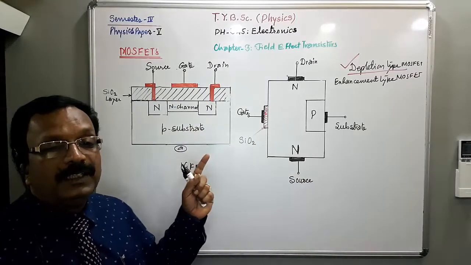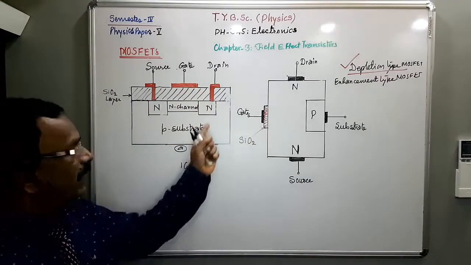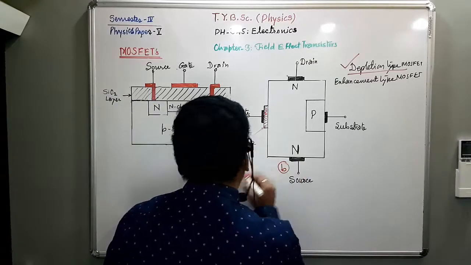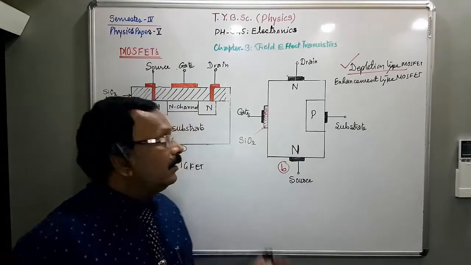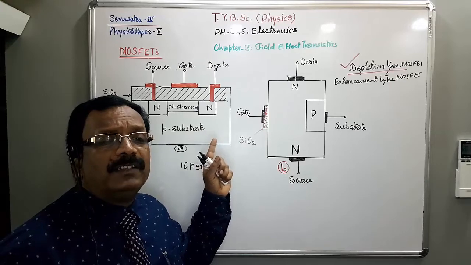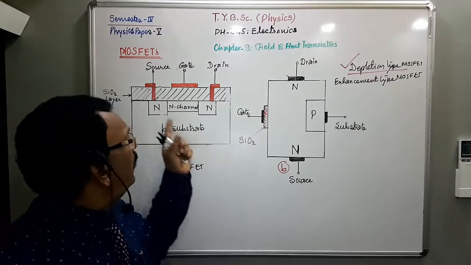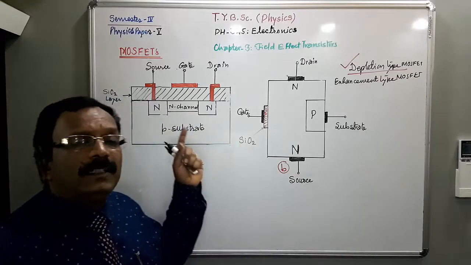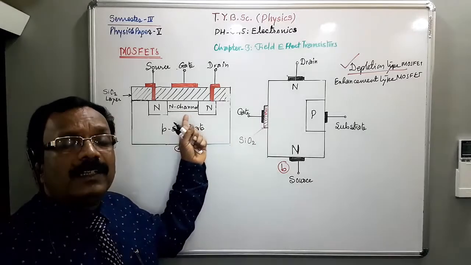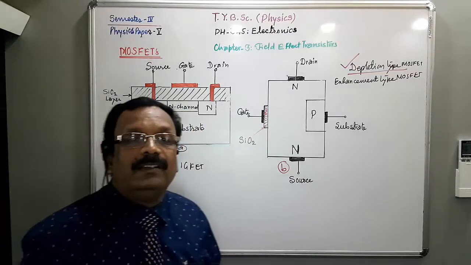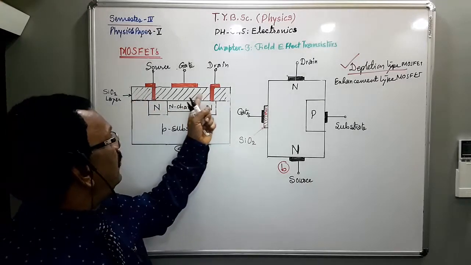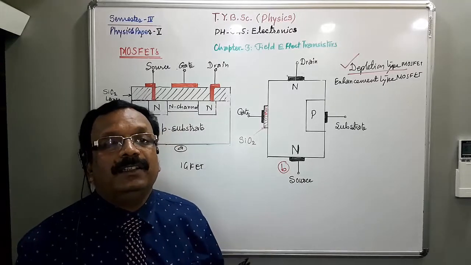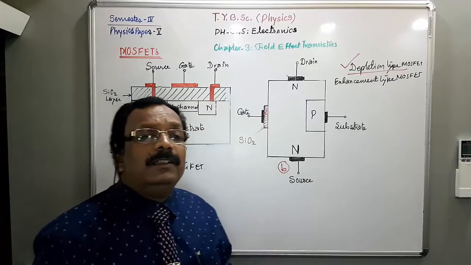The construction of N channel depletion type MOSFET is shown by this figure, and basic structure is shown in this figure B. Now in this figure the depletion type N channel MOSFET consists of a conducting bar of N type silicon material with an insulated gate on the left and P region on the right.